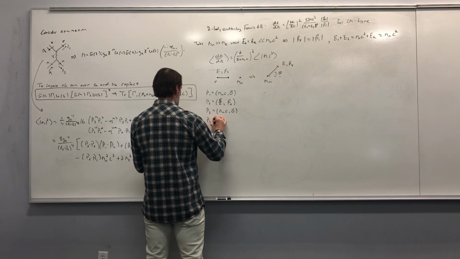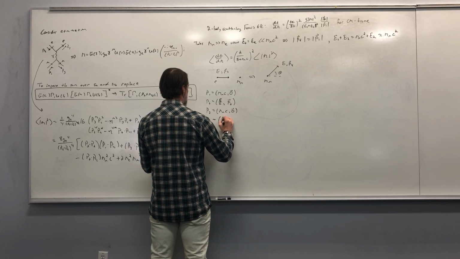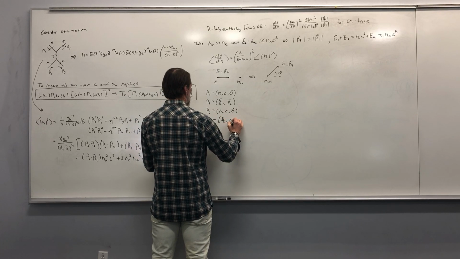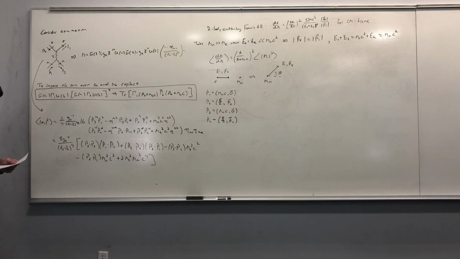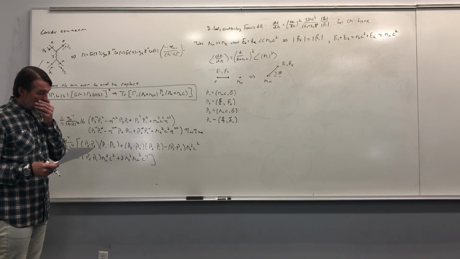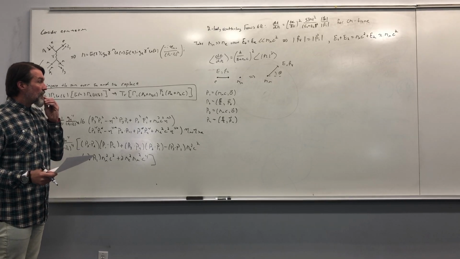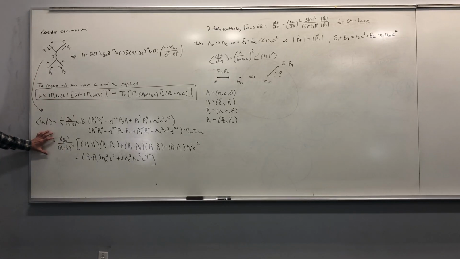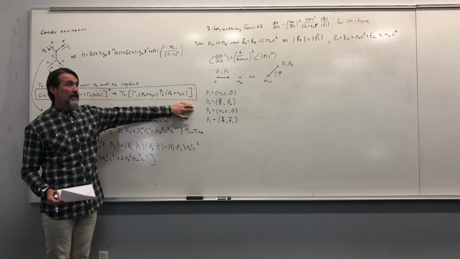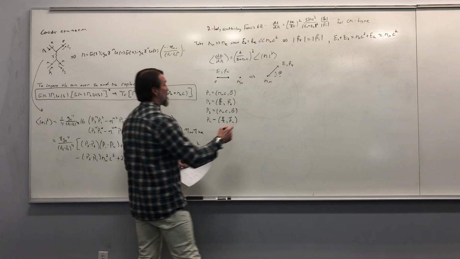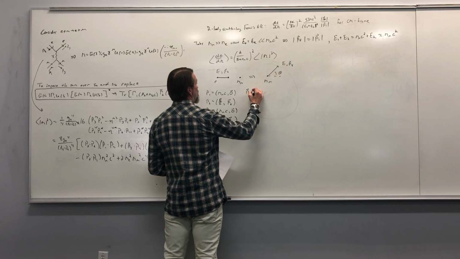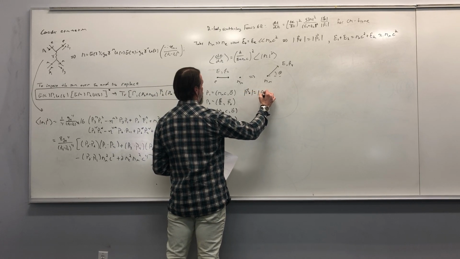And P4 is E over c, P4 vector. Okay? Do these make sense to everybody? And remember, the magnitude of P2 is the same as the magnitude of P4.